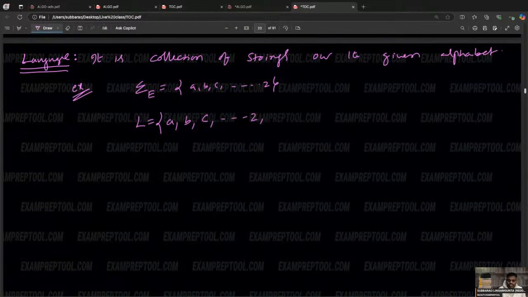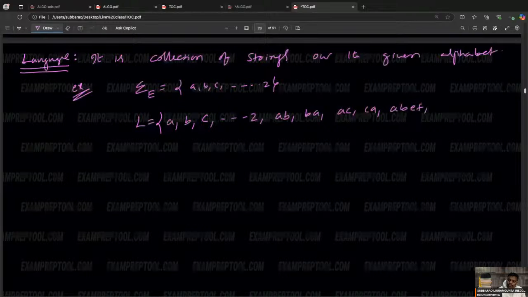Z is one string. Next, AB is one string, BA is one string, AC is one string. Order is also important. CA is one string, ABEF is one string, BEAF is one string, and so on.